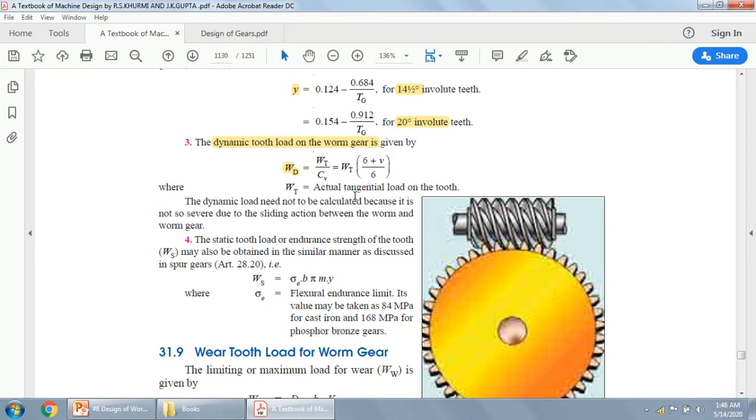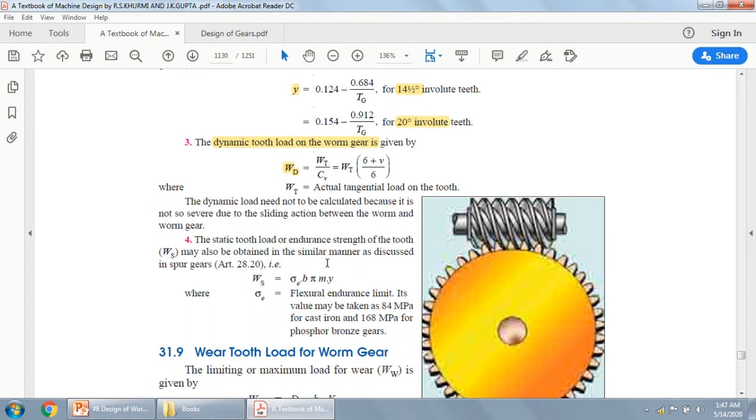WT will be the tangential load. The dynamic load need not be calculated because it is not so severe due to the sliding action between the worm and worm gear.